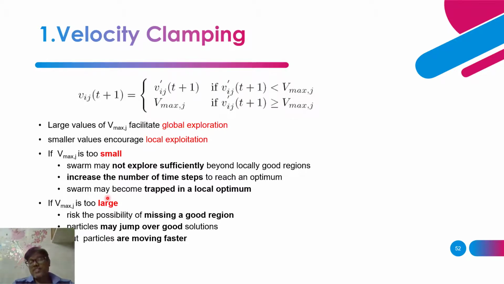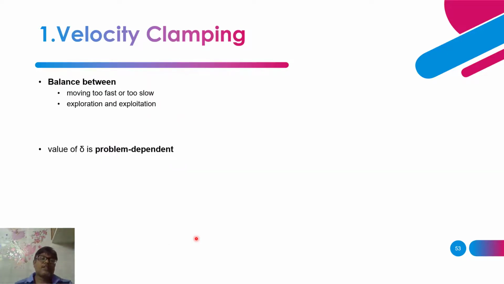If Vmax is large, there is a risk of missing a good region, and particles may jump over a good solution, although at the same time the particles are moving faster. So what to do? There should be a balance between fast and slow moving, and a balance between exploration and exploitation.